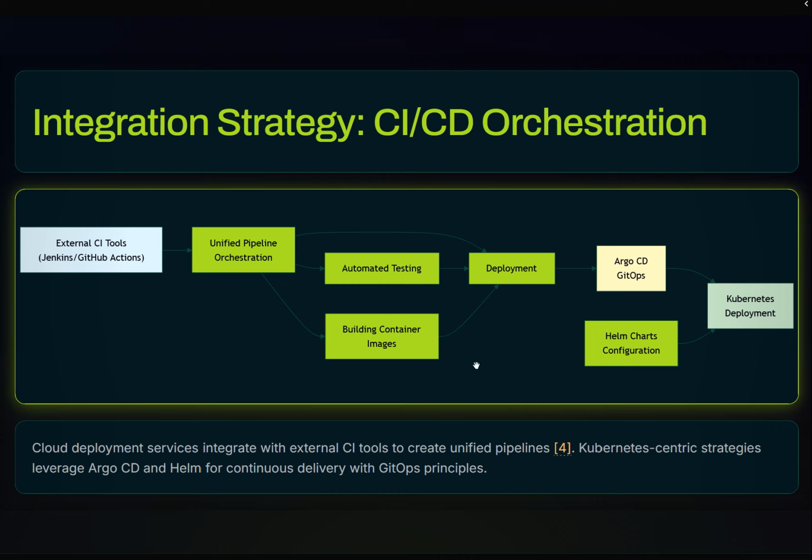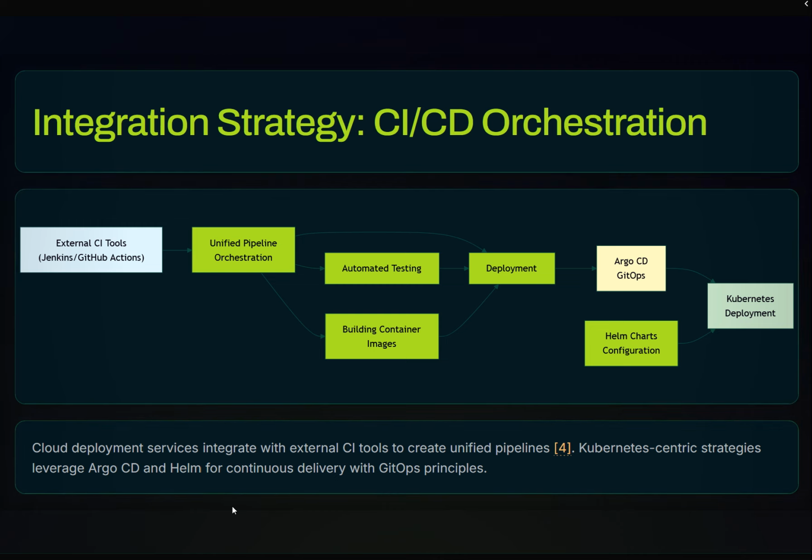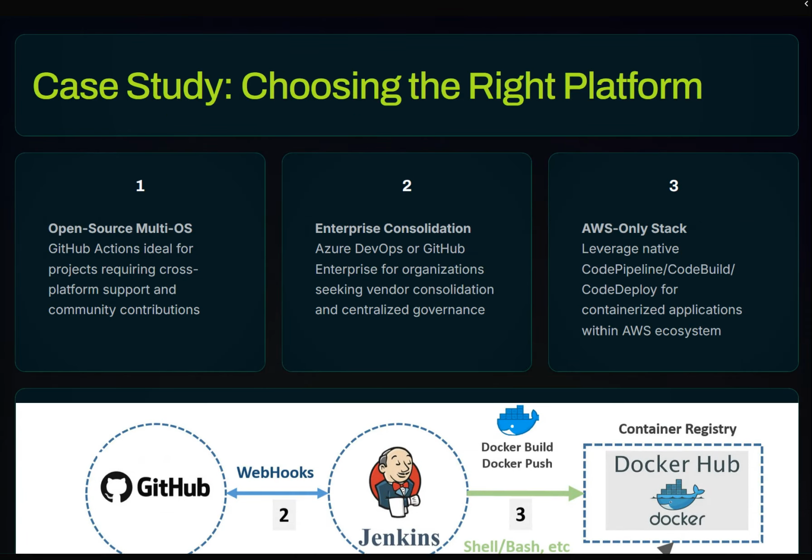Then Helm charts for configuration. So cloud deployment services integrate with external CI tools to create unified pipelines. Kubernetes-centric strategies leverage Argo CD and Helm for continuous delivery with GitOps principles.